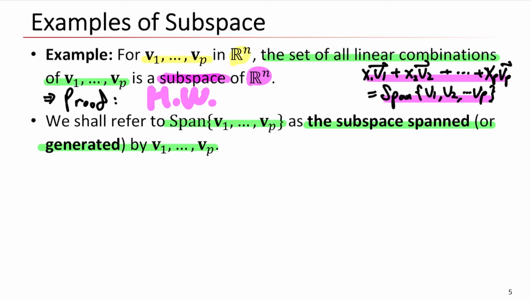If you remember the definition of the span in our last lecture, there was no terminology like subspace, but now we know what a subspace is, so we can say that the span of v1 through vp is the subspace spanned by v1 through vp. This is a very important statement. By using this, we will prove whether our next subspace is a real subspace or not.